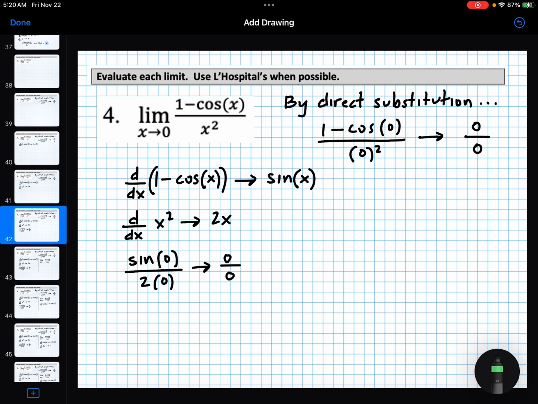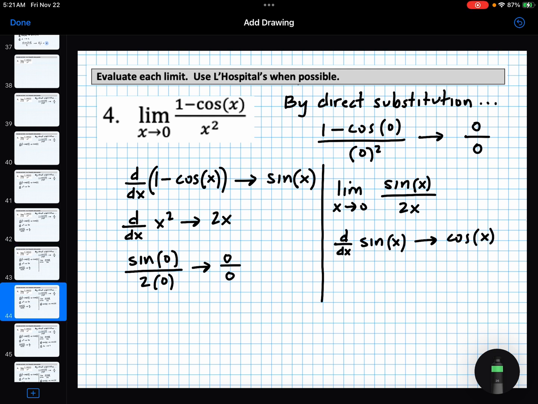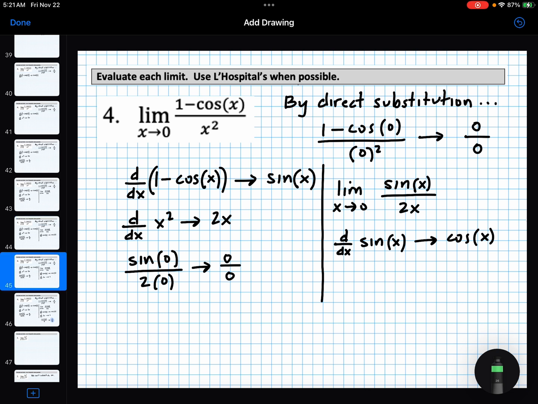I get an indeterminate form again. So now I'm going to redo L'Hopital's rule, but I'm now taking the limit as x approaches 0 of the first derivative over the first derivative, sine of x over 2x. So I'm going to reapply. Now I take the derivative of sine of x. I get cosine. The derivative of 2x gives me 2.